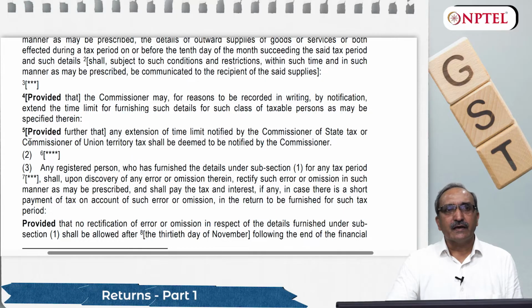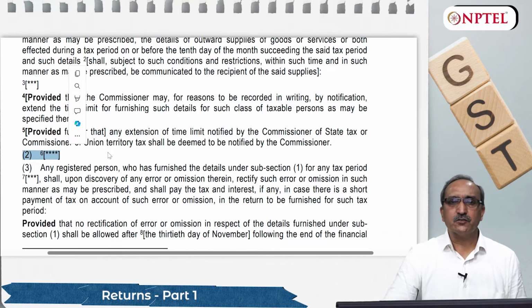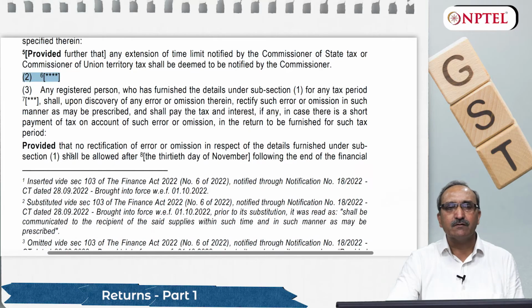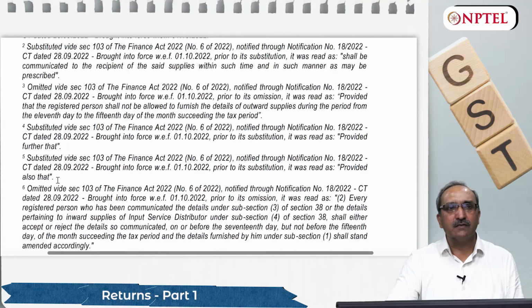So here, if we say subsection 2 of section 37, this section has been deleted. Here star marks are there, the section is deleted. And when it was deleted, in any law book it will be mentioned like this as a note.